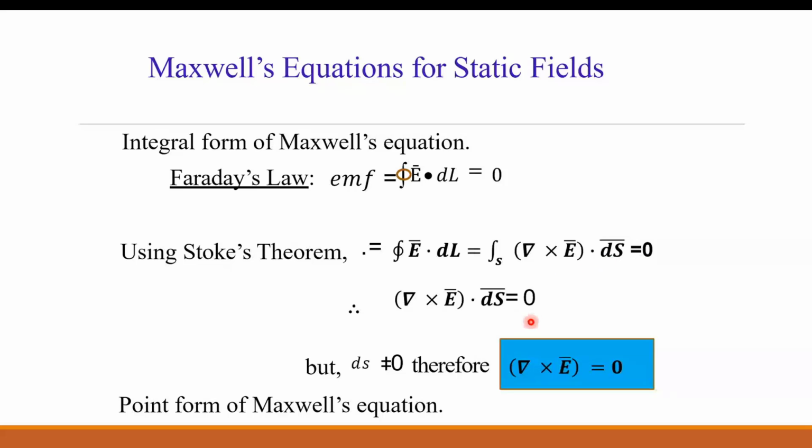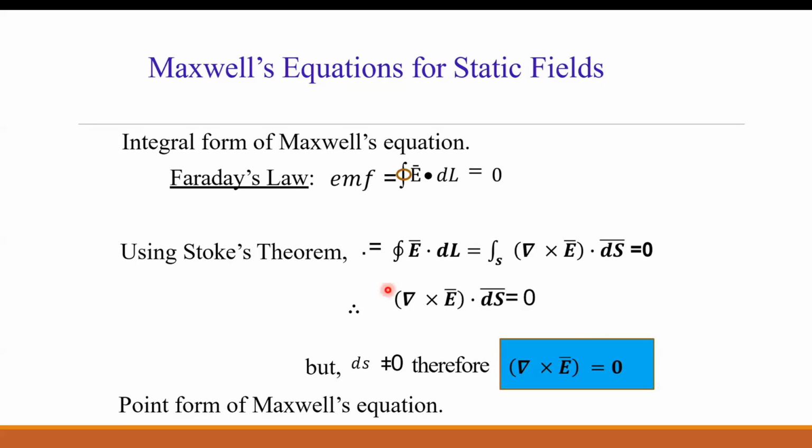Okay, so if you remove this ds, because there is no variation, ds means surface area, and surface area is never 0, so we can say that del cross E is 0, right? So del cross E must be 0, then only this right hand side holds correct, right?